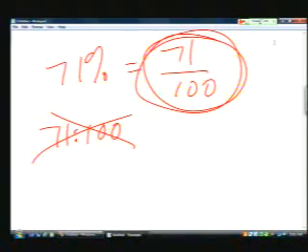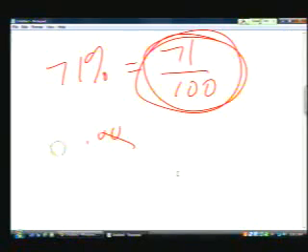Now, ratios are used a lot in real life. To give my example of a ratio of 71%, let's just suppose you've talked to a certified financial planner, and they said, at your age, we put all the calculations into a formula, and 71% of your assets should be in stock.